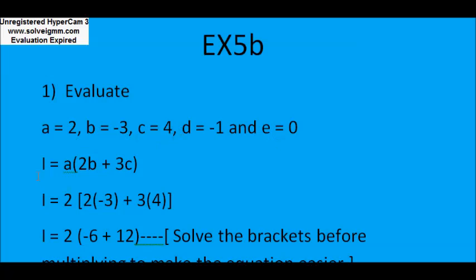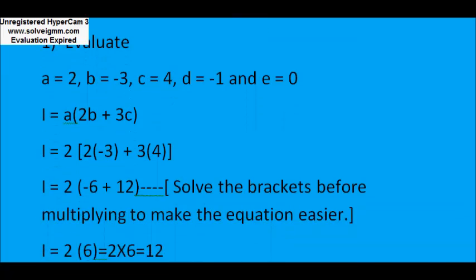And our expression is, here again I'm explaining only some important basic questions. For example, I equals a into 2b plus 3c. So this whole expression equals I, and you have to find the value of I. So you will put the different values here, or you can substitute the values.